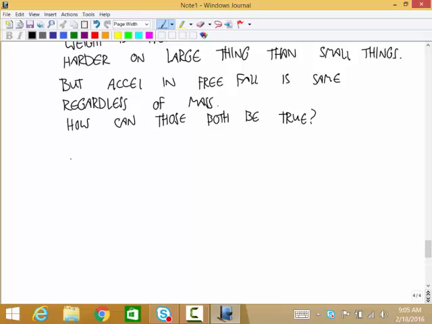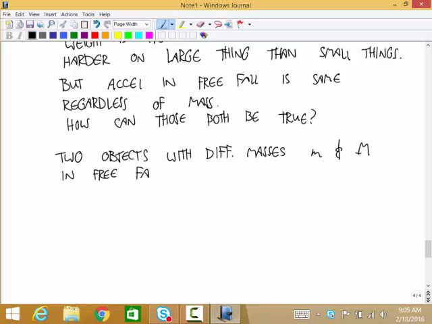So think of two objects with two different masses. Let's call one little m and one big M. And say they're both in free fall. So the only force is weight.